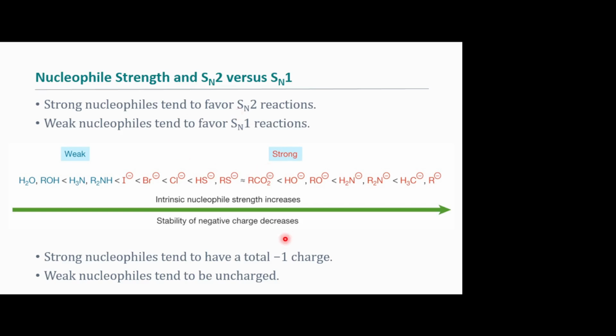Okay. Now, the weak nucleophiles tend to be uncharged. Again, this is a generalized rule. Can you find weak nucleophiles that would have a charge? Yes. It would be very, very spread out. Okay? Can you find a strong nucleophile that could possibly be without a charge? Yeah, probably. It would have to have a very weird concentration of charge, though.